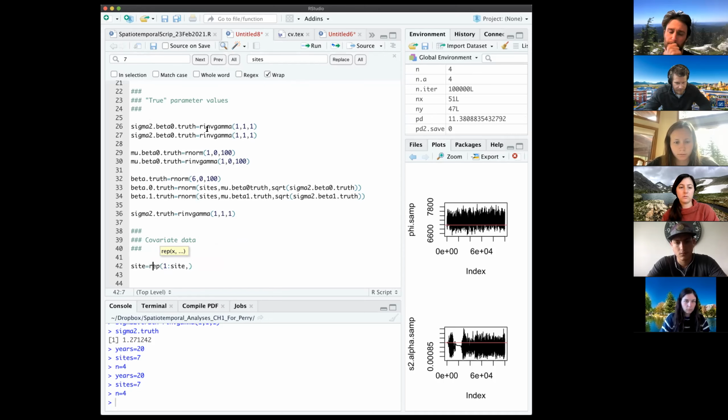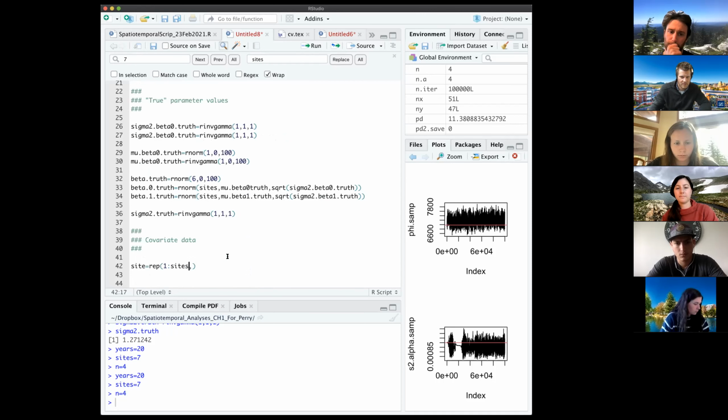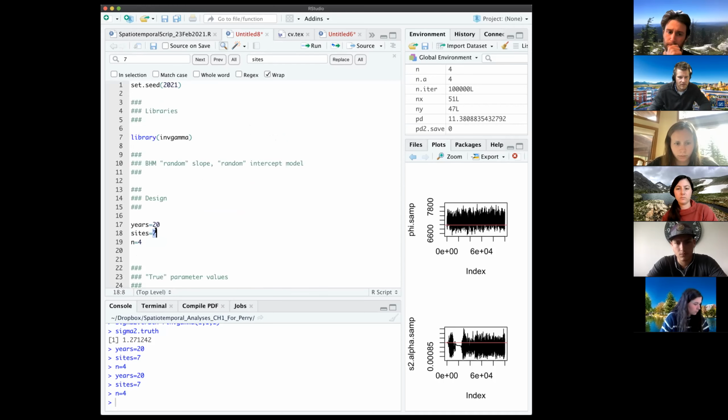Site. Oh, let's use capital J for that. That's what we used in our notation.